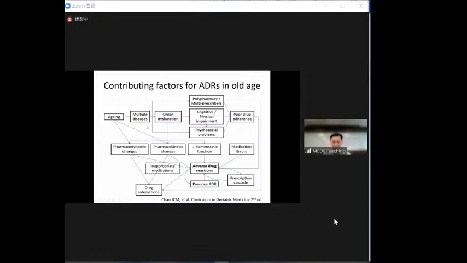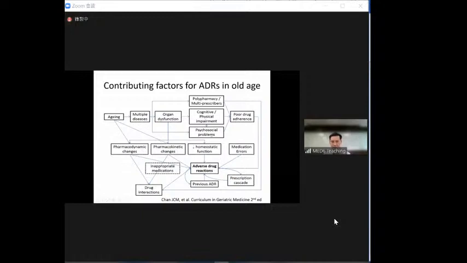And then patients would have other psychosocial problems in coping with the disease, and also some social problems leading to medication problems in adherence, medication error as such.